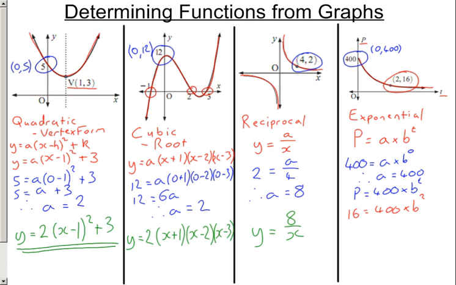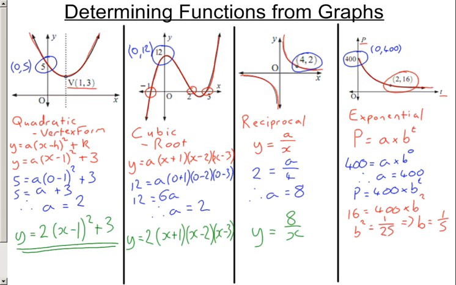Now we have to solve this for b, so we divide by 400, and we get b squared is equal to 1 over 25 when we divide by 100, which implies that b is the square root of 1 over 25, which is a fifth.